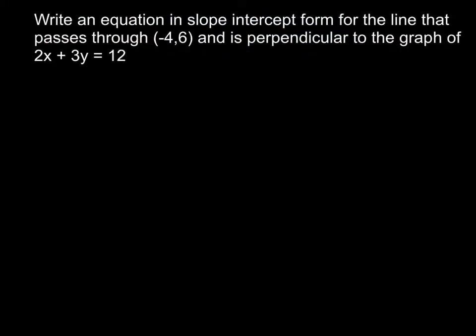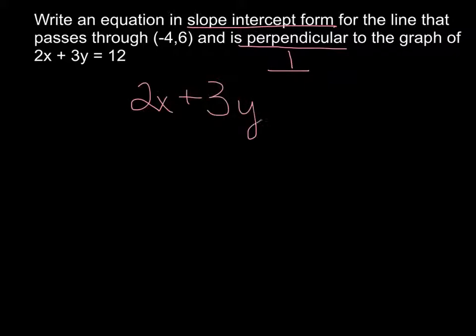For this next example, it says write an equation in slope-intercept form for the line that passes through (-4, 6) and is perpendicular to the graph of 2x + 3y = 12. The first thing you have to do is find the slope of this graph, by putting it in slope-intercept form.